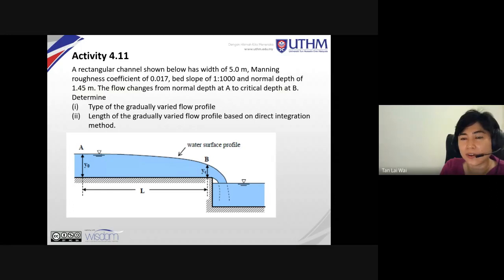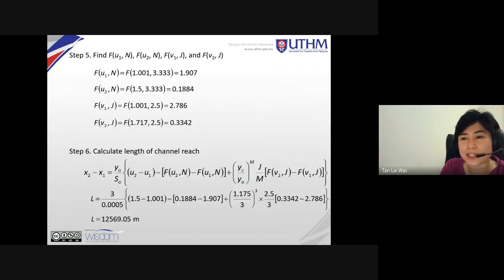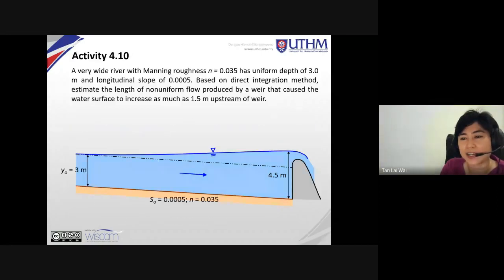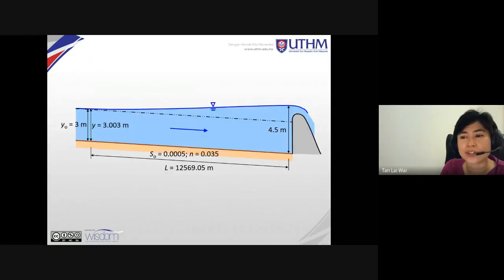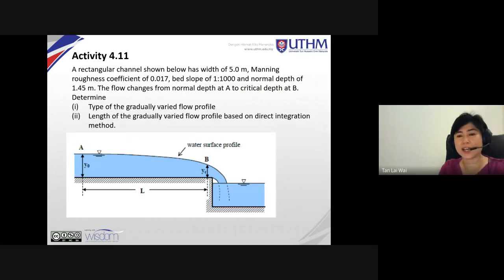It is not really the same as the previous activity. This has a width, which is 5 meter, and this is flow into a pool. Whereas in this activity here, this is actually the backwater flow, where Y2 increases, just how Y2 reduces, so it's different.